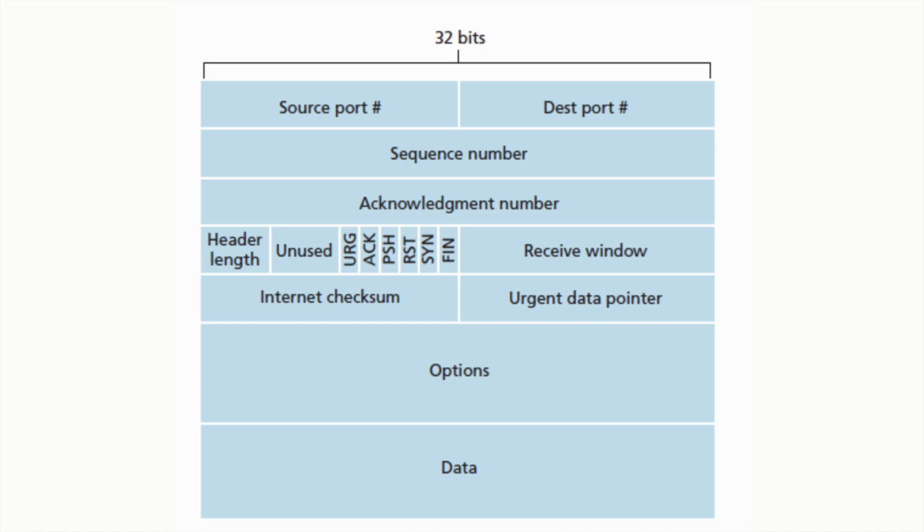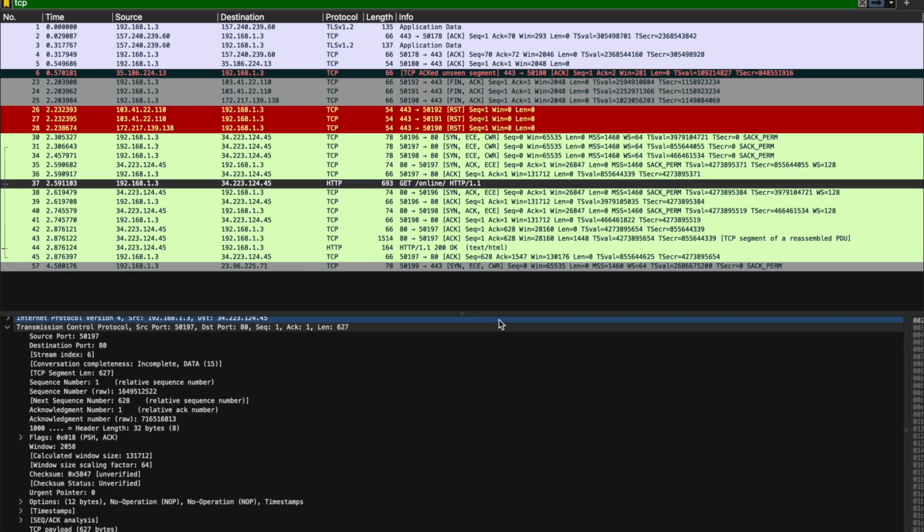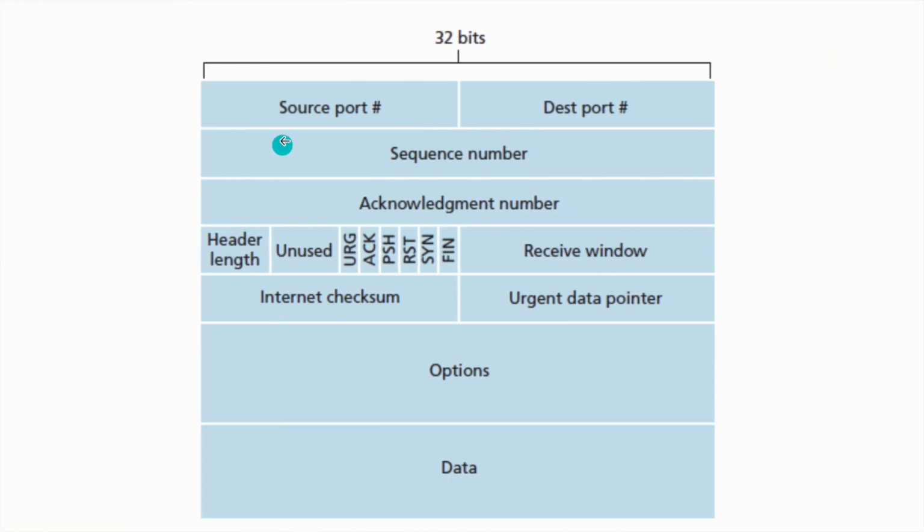The source port and the destination port form a unique identifier for each TCP connection, allowing multiple connections to the same destination IP address. As you can see in Wireshark, this one has the source port as this and the destination port as 80, and they both form a TCP connection for the transfer of the packet. They both consist of 16 bits, and combined they consist of 32 bits.